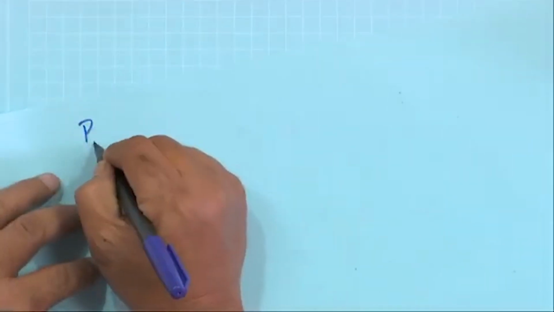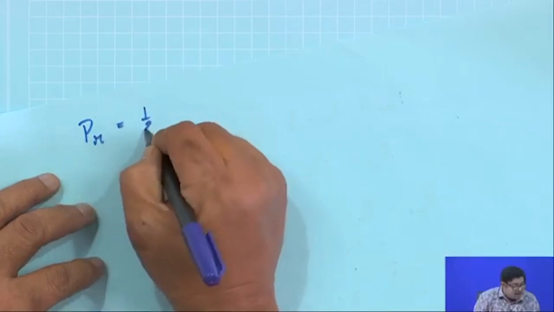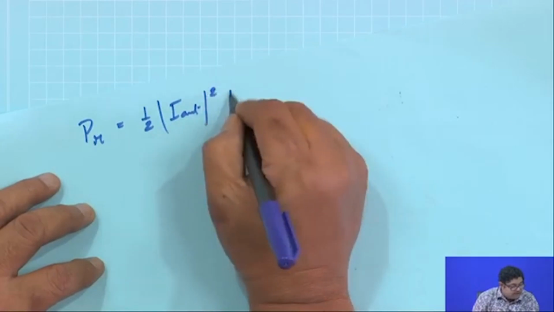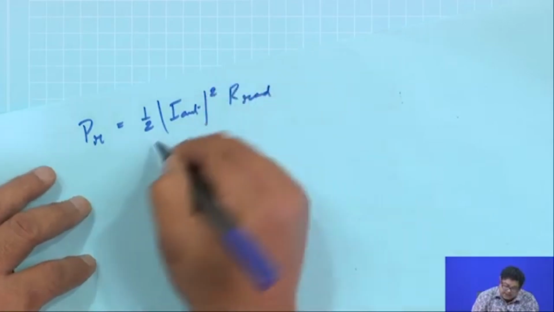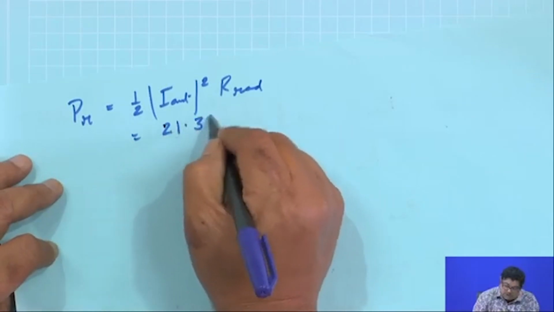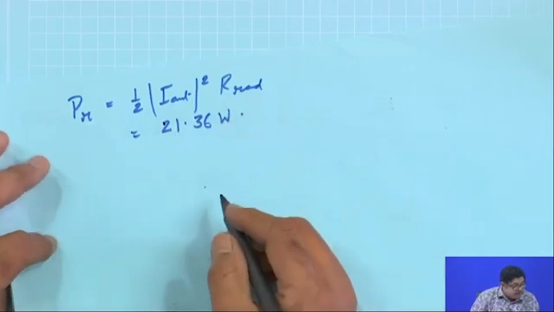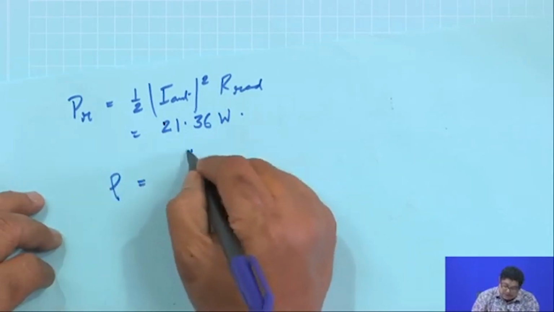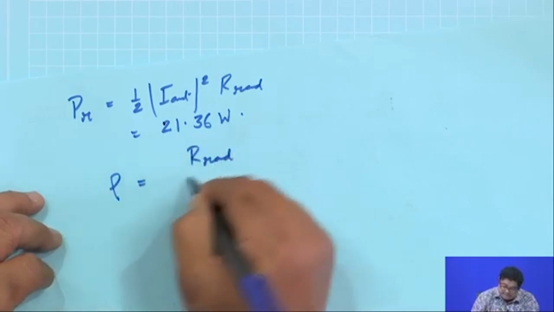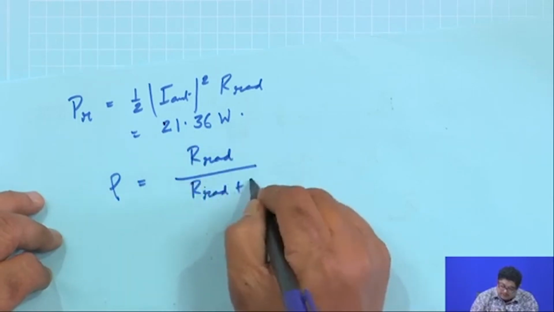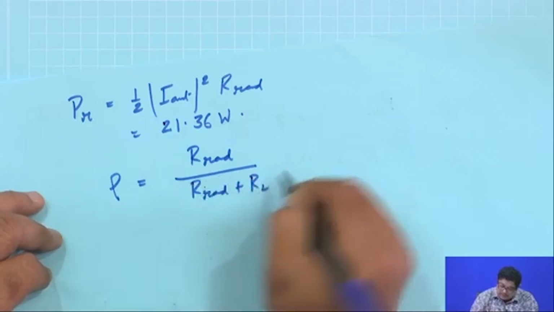and the total time average power radiated P_R, that will be half I_antenna square R_rad. R_rad is 73 ohm. If you put it, it will be 21.36 watt, and so radiation efficiency is R_rad by R_rad plus R_L.